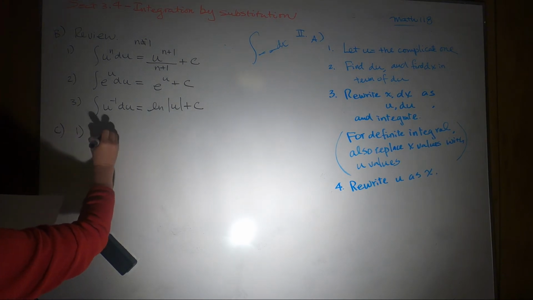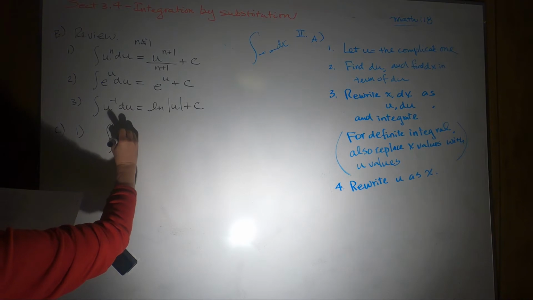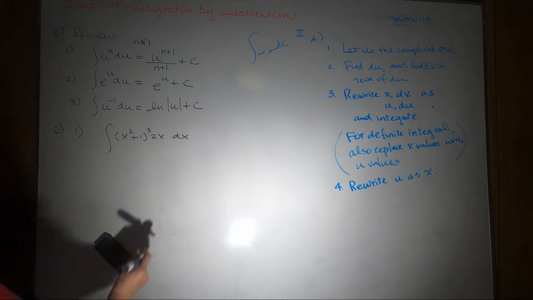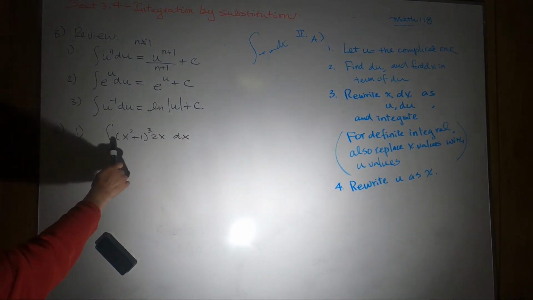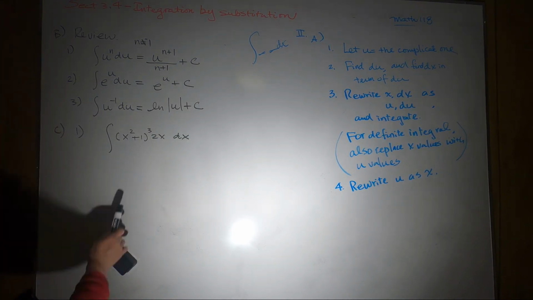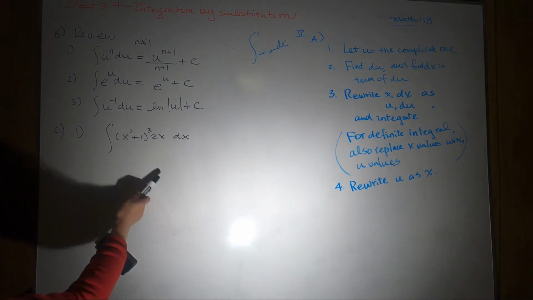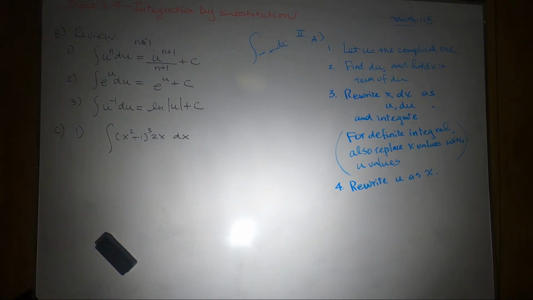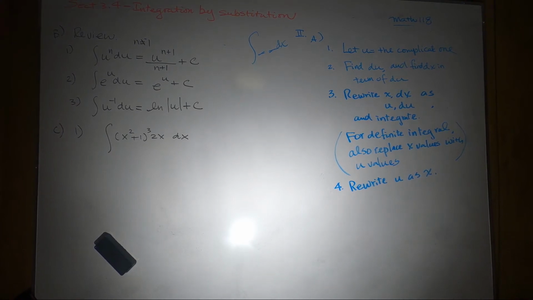All right, so say we try to find the indefinite integral of this one. For the cube, you can still do it. If it's the fifth or sixth power, it gets complicated. For the cube, you can just multiply out times 2x, then integrate the terms individually with the simple power rule. But we can use an advanced method called integration by substitution, and it can handle more complicated situations.